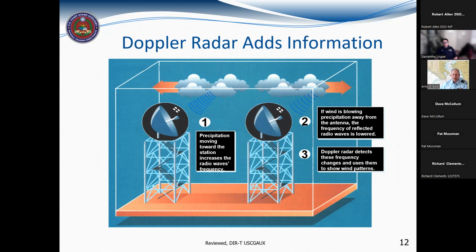Doppler radar detects these frequency shifts and uses them to show wind patterns. And interestingly, the Doppler effect is effectively doubled in the system. The other point is that it tends to show radial motion only.